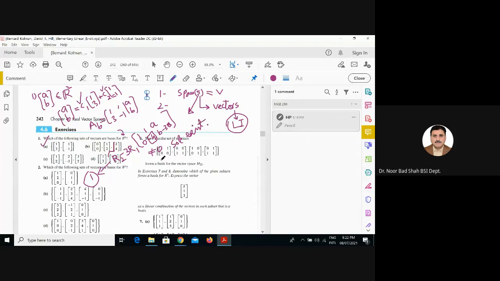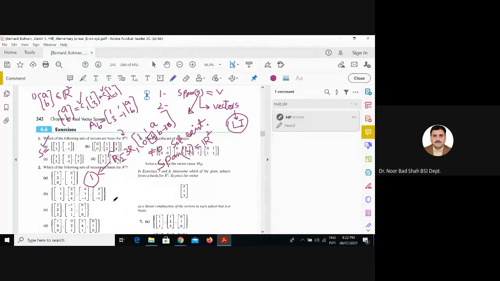It means the span of this set, if you call this one set S, so span of S is equal to R squared. Right? So condition number 1 is satisfied.